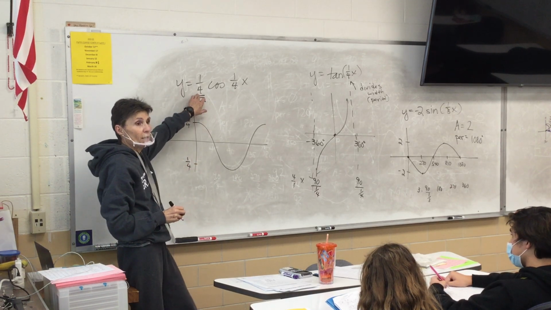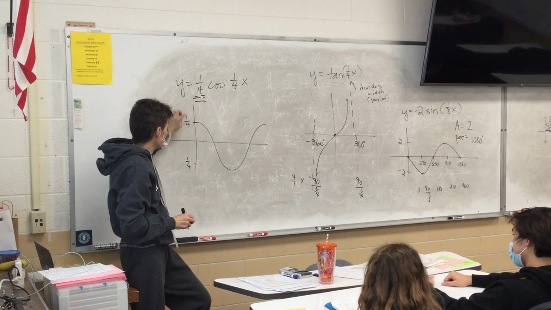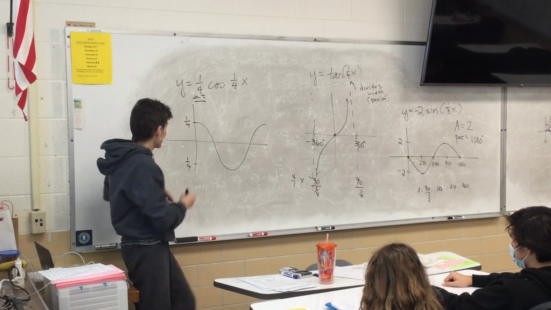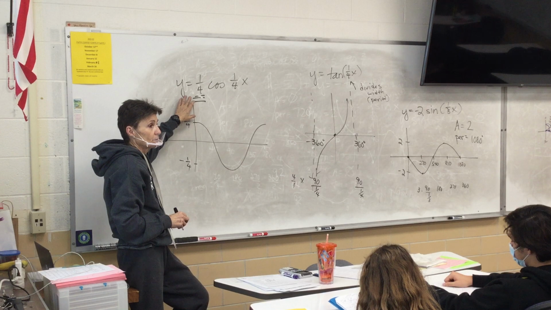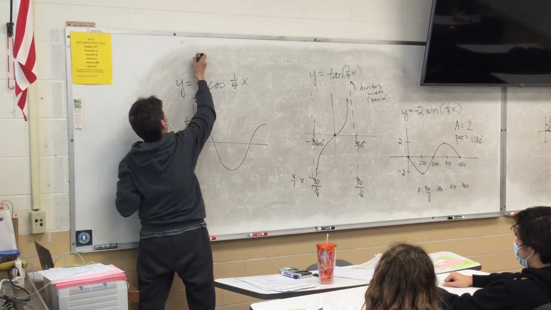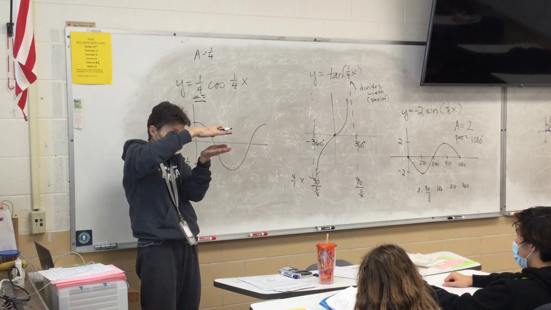This number multiplies. So it's 1/4 times 1. These are supposed to be 1. So it's 1/4 times 1. Your amplitude is 1/4. So in reality, shrunk.